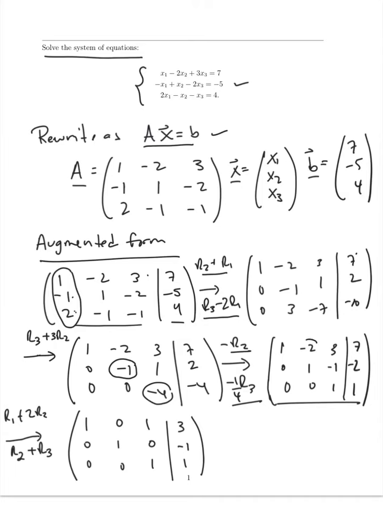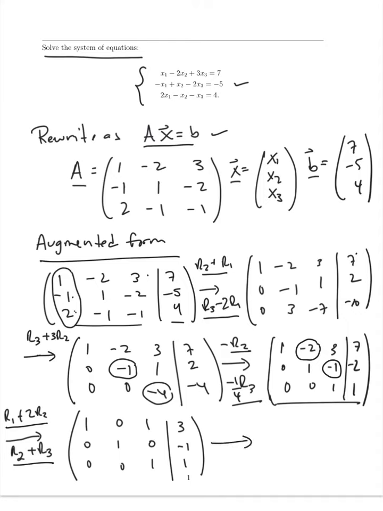Now I can make this guy a 0 by simply taking row 1 plus 2 row 2, and I can make this guy a 0 by taking row 2 plus row 3, and I end up with this.